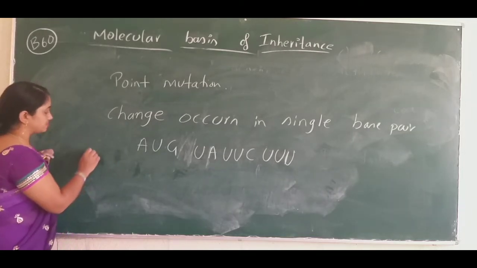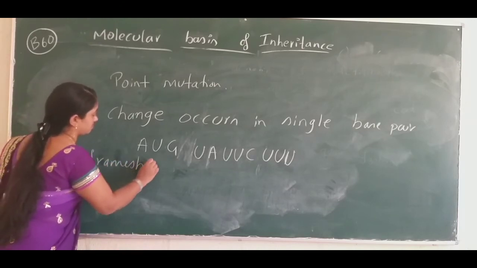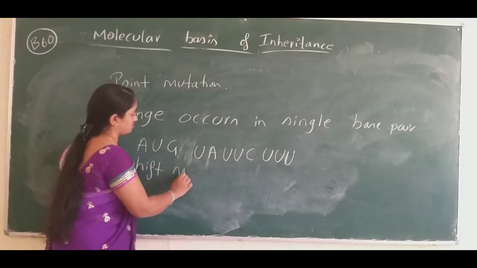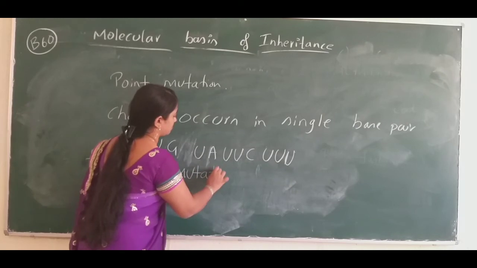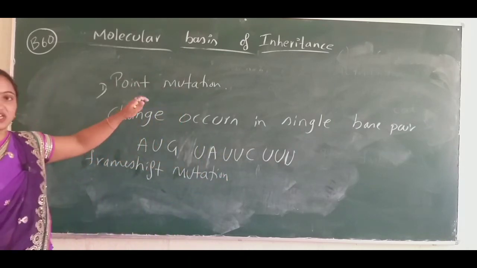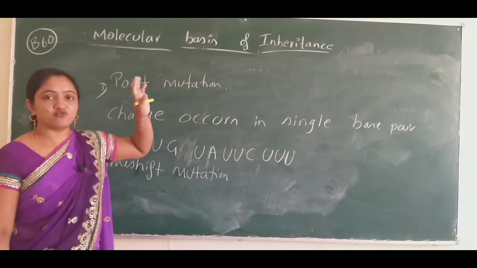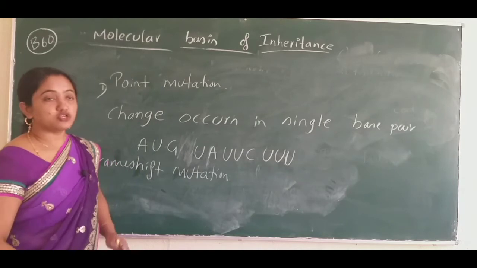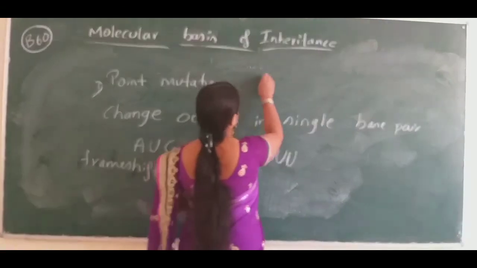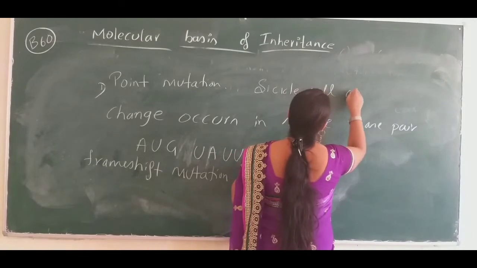And let me tell you one more thing here. If they ask you to give one example for point mutation, what will you write? You have to write about sickle cell anemia.